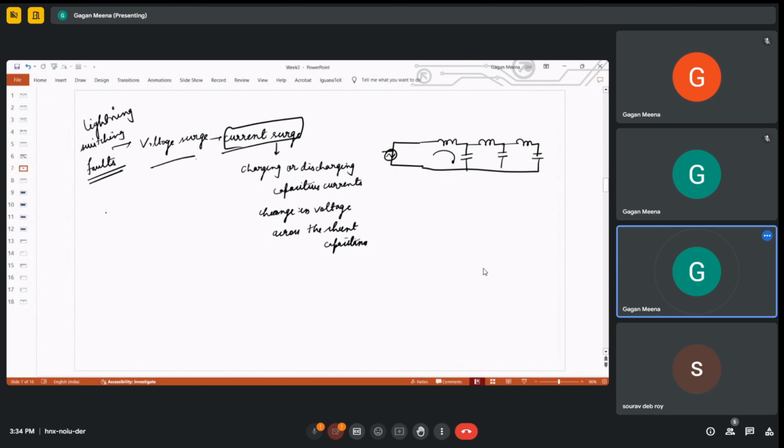So the study of these transient problems is made by using this long transmission line model.